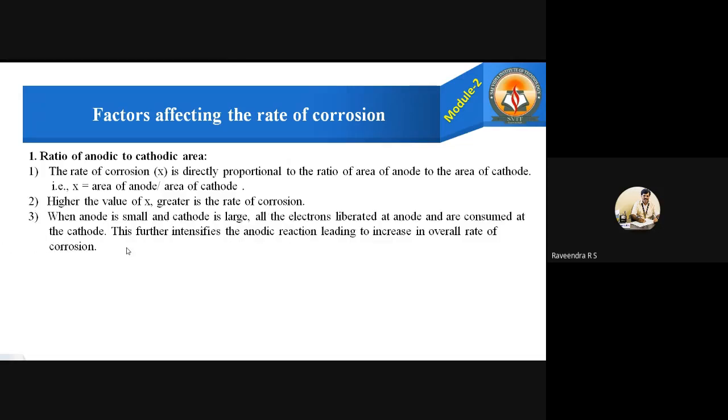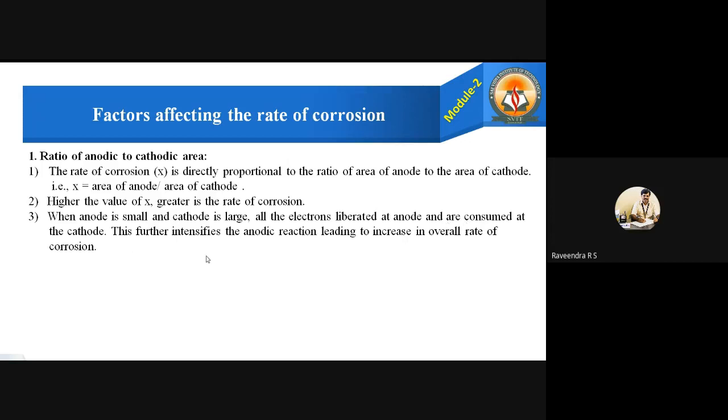That means when the anode is small and the cathode is large, all the electrons are liberated at the anode and consumed at the cathode. We know that at the anode region, oxidation occurs, which means electrons are released. The released electrons move towards the cathode, where they are consumed.